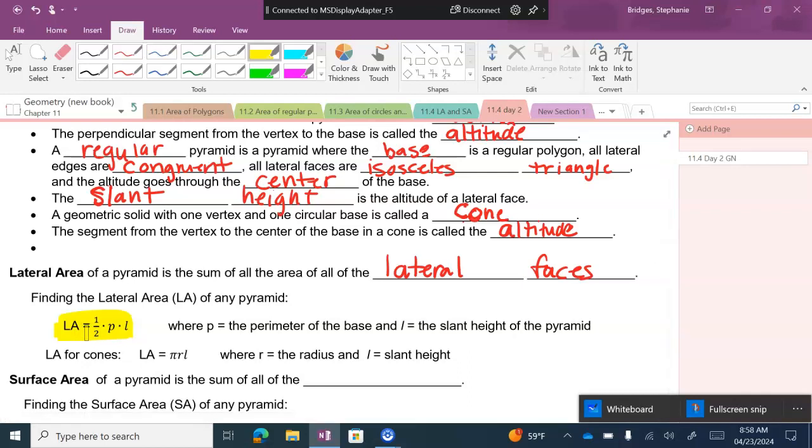Is that the formula every time? Well, because it's a pyramid, it's 1/2. Yesterday, it was the lateral perimeter times the height without the 1/2.